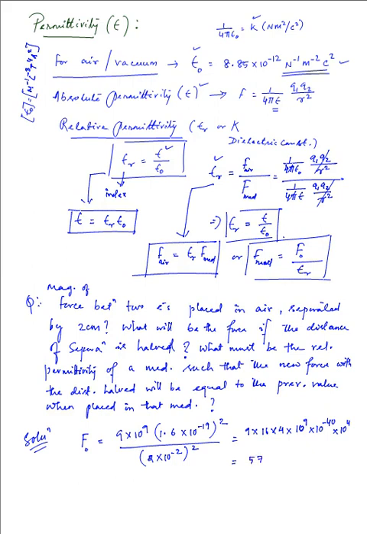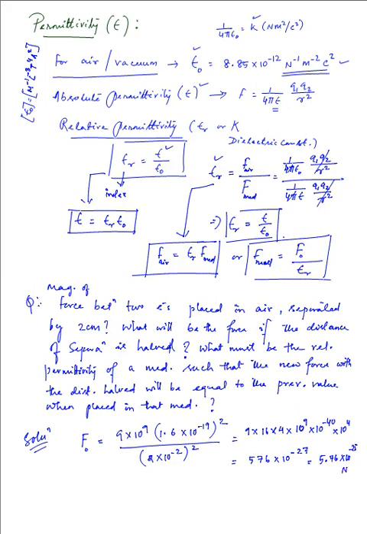I may be wrong, you can check for yourself. 576 times 10 raised to the power minus 27, and that can be written as 5.76 times 10 raised to the power minus 25. So that is in Newton.